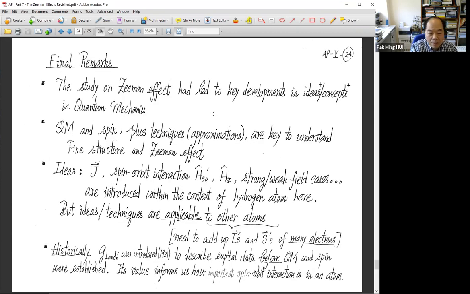Okay, so final remarks. We have started with Zeeman. Simple stuff. 1902 Nobel Prize, okay? Zeeman got that. But we realized that that is not sufficient because not only 3 lines, even number of lines. That took us through a long journey. We need to understand spin. We need to understand what is angular momentum generally in quantum mechanics, then we need to know how to add two angular momenta, okay?